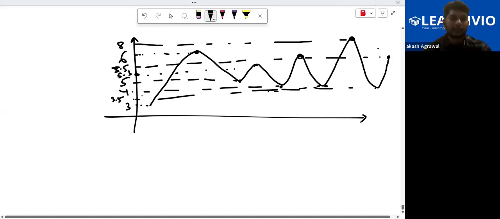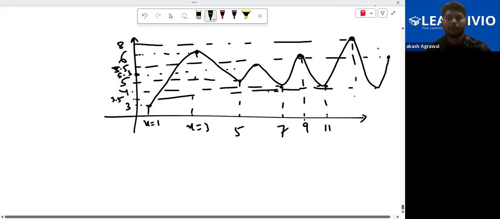So this function is attaining different values at different axes, right? Suppose x is 1, this is x is 3 and 5, 7, 9, 11, 13, 15, and 17. Okay.